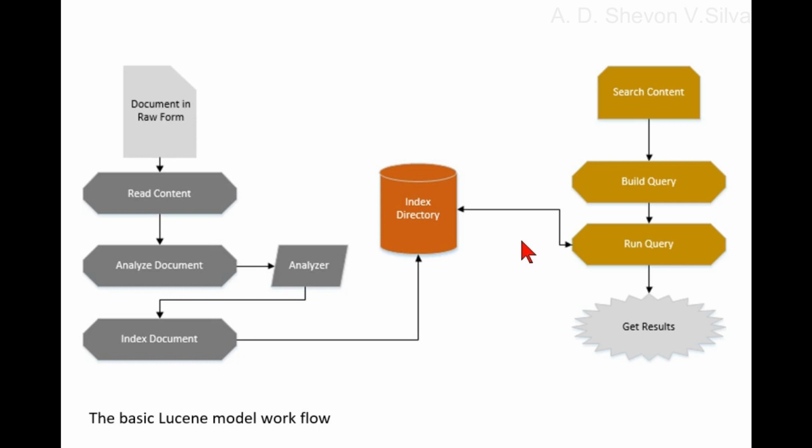Now that the query is created, you pass the query using the query parser. The analyzer is passed to the query parser, which parses the query according to that analyzer. Moreover, the field name added to the document is passed to the query parser, so that it searches the data accordingly.